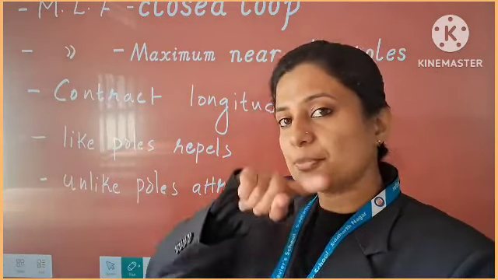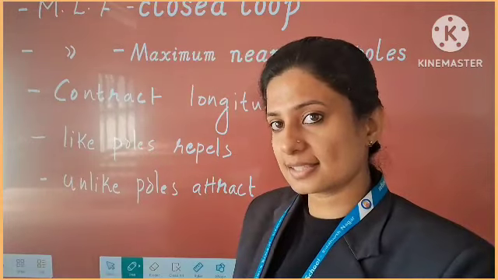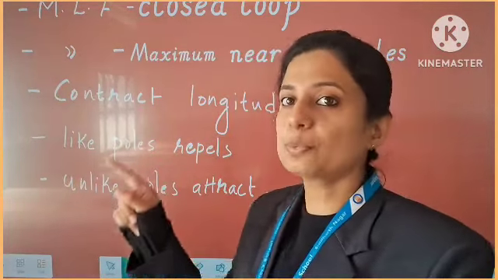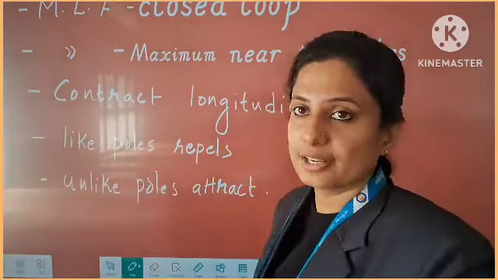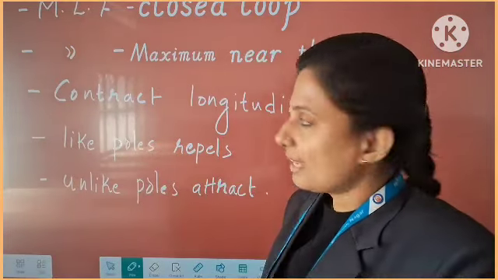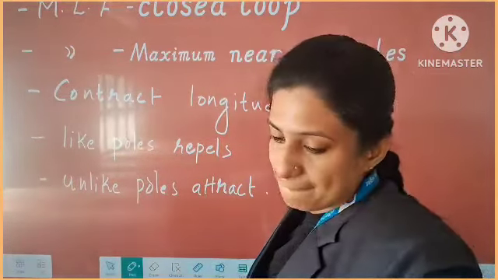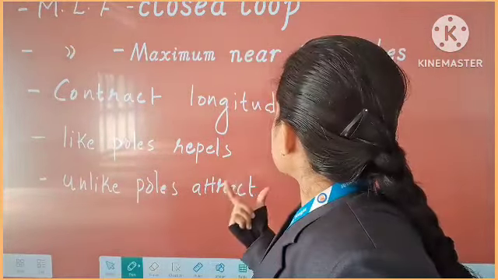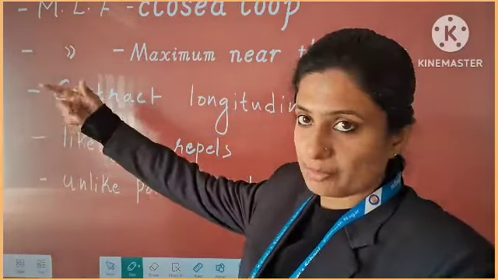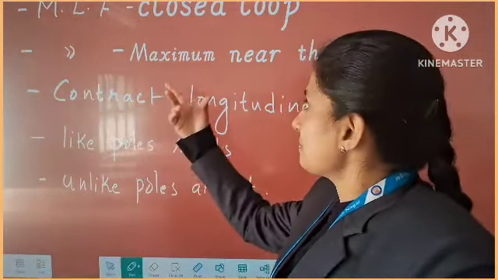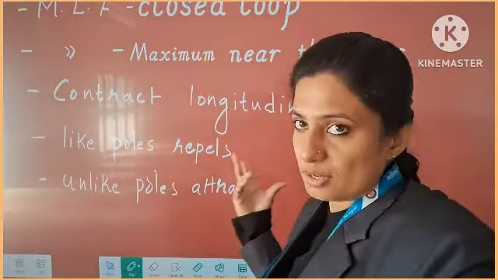The line starting from the north always ends in the south, like a smooth curve or a smooth loop. Next, the magnetic field lines are maximum near the poles.